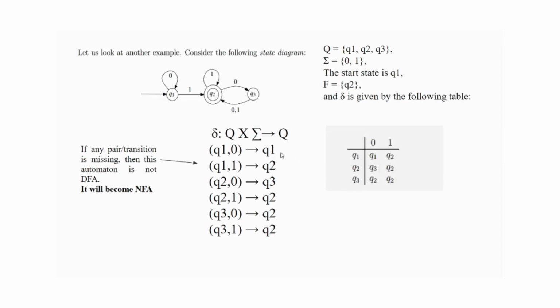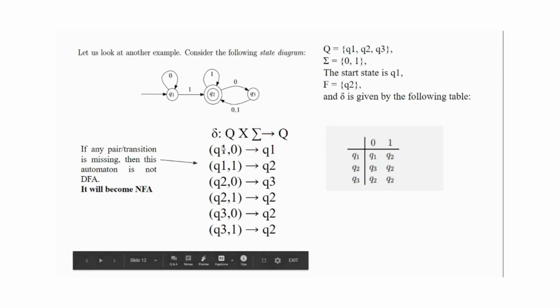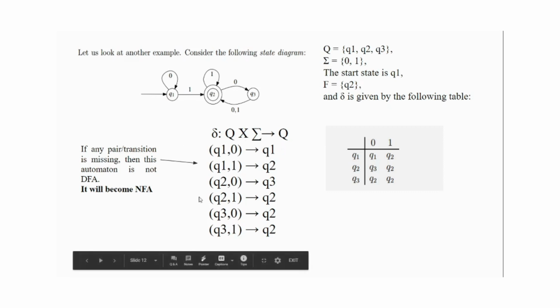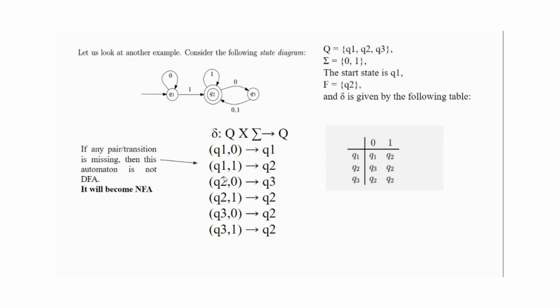Suppose all pairs are present, but for a particular pair there are two states after transition. Listen to this statement carefully. Suppose a particular pair is missing, which is not given here or in the diagram also. So straightforward, this is not a deterministic finite automaton. This could be a non-deterministic finite automaton. This is NFA.